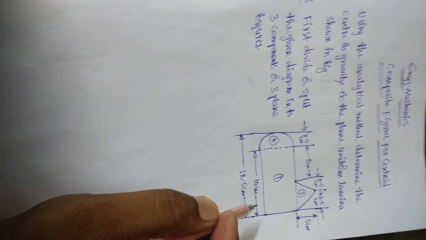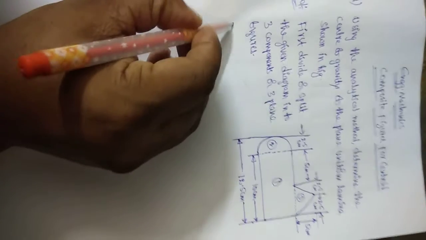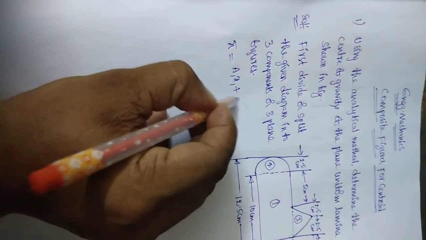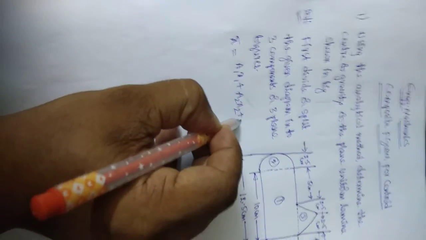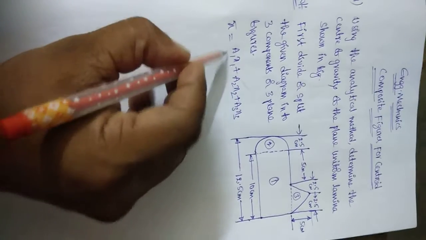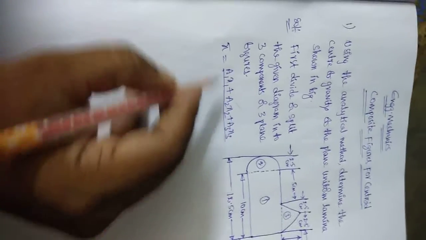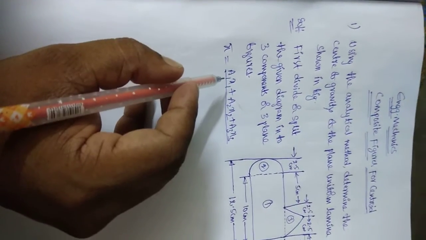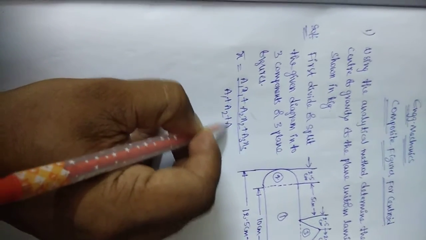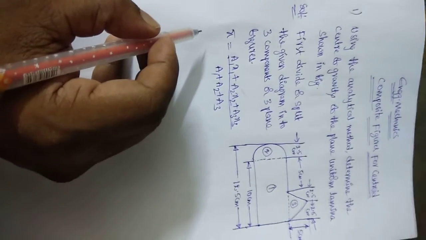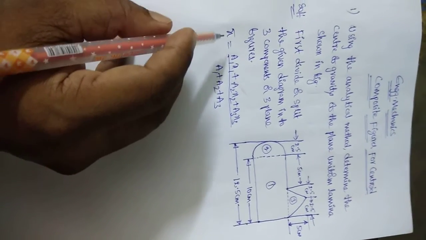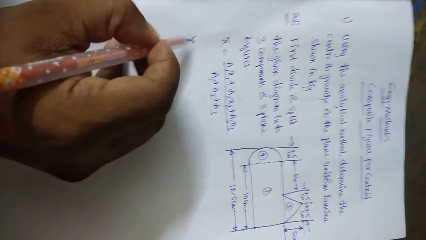For calculating the center of gravity, we have the equation x bar is equal to a1x1 plus a2x2 plus a3x3 divided by a1 plus a2 plus a3, as we have three components and three areas. As the given figure is not symmetric about the y-axis or the x-axis, we need to calculate both x bar as well as y bar.